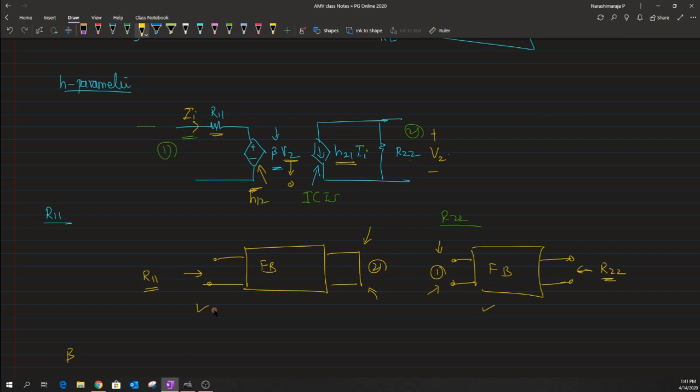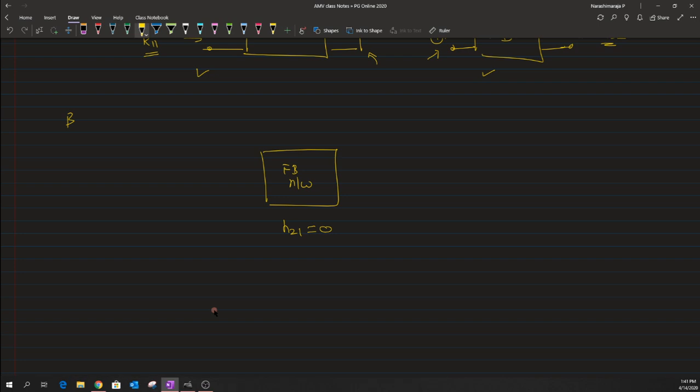In this case we know that the feedback factor is defined, and the input to this feedback network is V naught, and the output of this feedback network is just a voltage Vf, for a voltage mixing and voltage sampling feedback network. It is defined as Vf by V naught, and the way that it can be done is by applying some voltage source towards the input port and measuring the voltage across the second port.